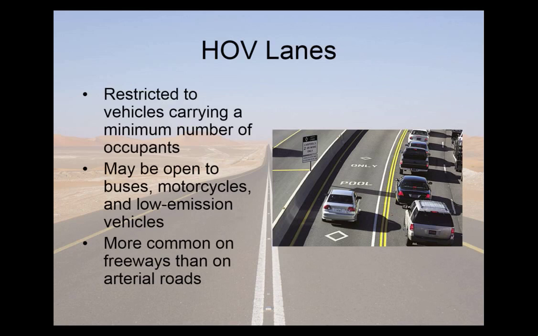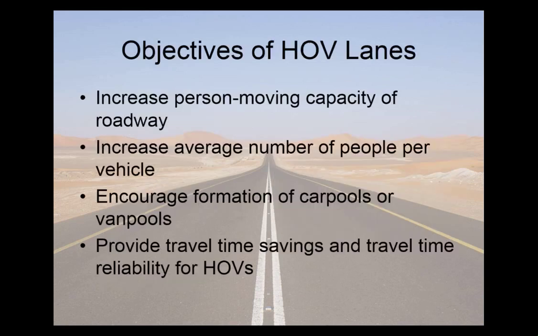It was kind of hard to find instances where HOV lanes were on arterials, since they are much more common on freeways. HOV lanes have various objectives. The main ones, though, are to increase the person moving capacity of the roadway without having to add more lanes.